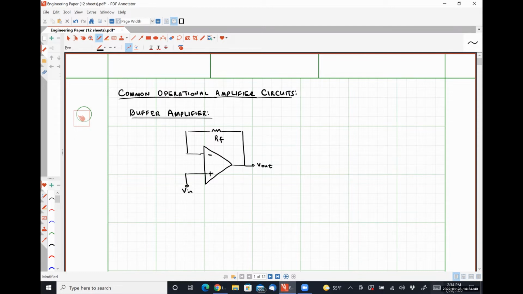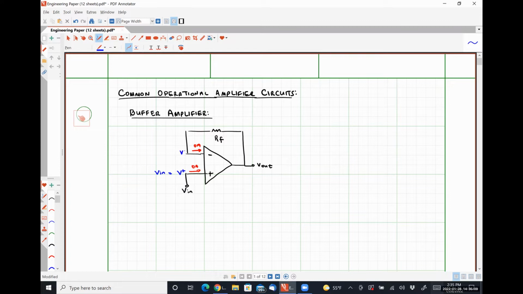Okay. So if I apply my rules, no current flows into either of my input terminals. I can see very easily that the voltage present at my non-inverting input terminal is simply Vin.